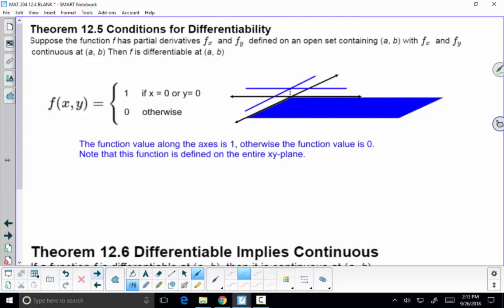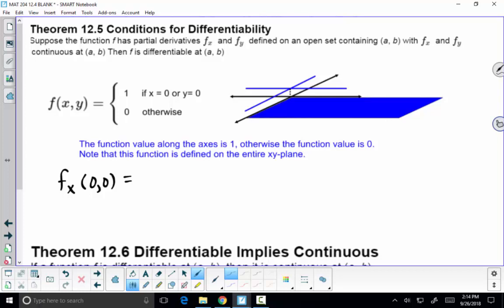What is f sub x at the origin? What is the rate at which the function values are changing as you move towards the origin along the x-axis? 0.